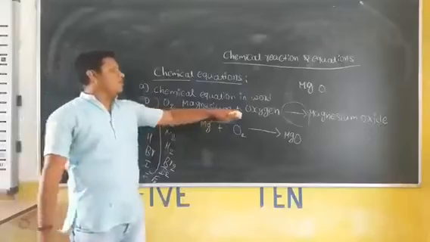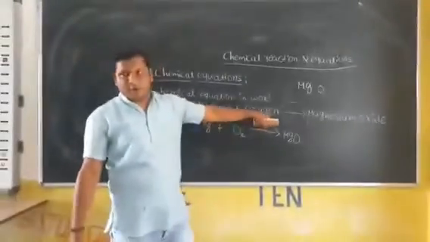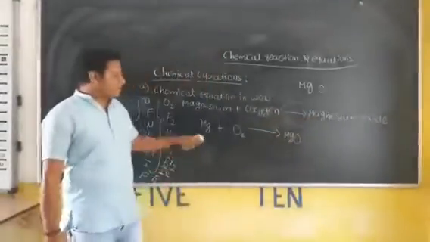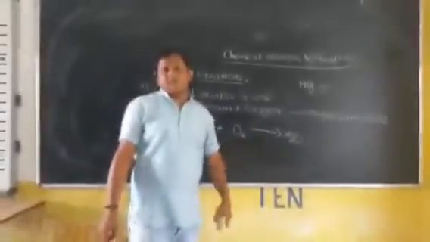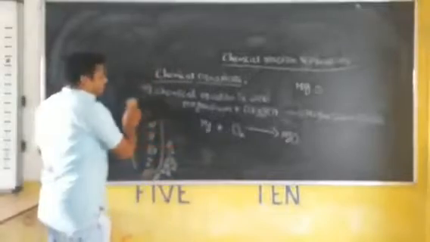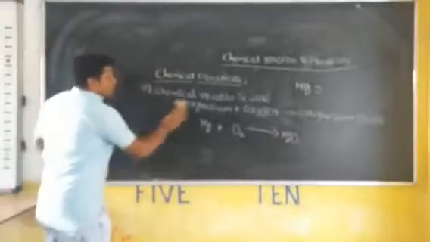That is, magnesium reacts with oxygen to produce magnesium oxide, which is nothing but Mg reacts with O2 to produce MgO. Sometimes it is given like this, one example.